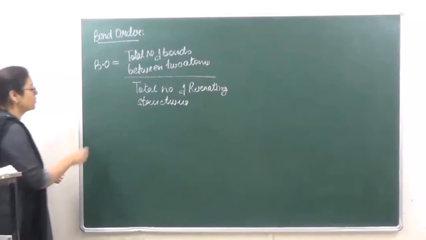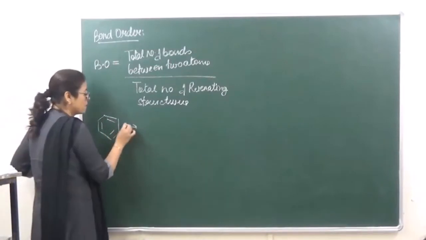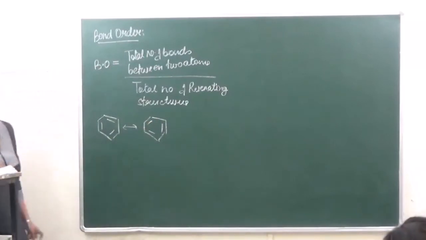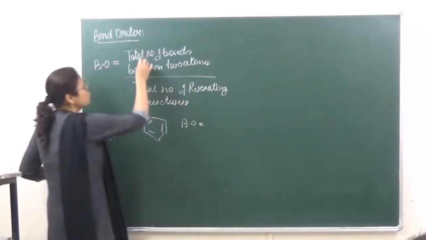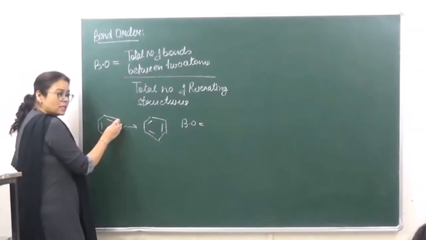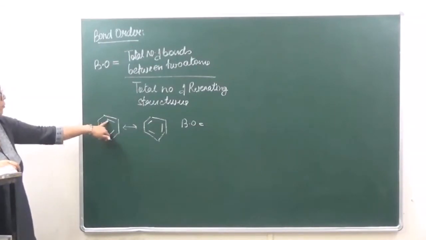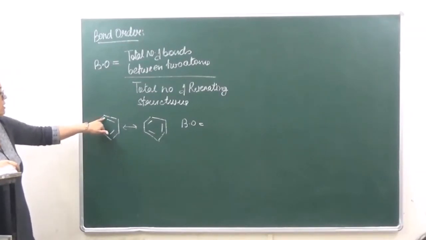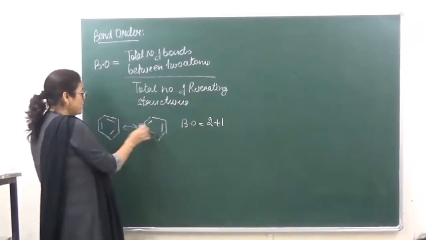जैसे for example, let's calculate the bond order for benzene. This is the resonating structures of benzene. ठीक है ये आ गया, अब बॉन्ड ऑर्डर हमको कैलकुलेट करना है. So total number of bonds between two atoms, when we're talking of two atoms this and this, right? So what are the total number of bonds over here? Two, there are going to be two bonds, right? And there is one bond. Okay, so this carbon it will have 2 + 1, and how many resonating structures?